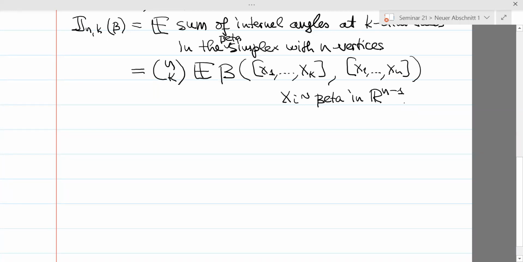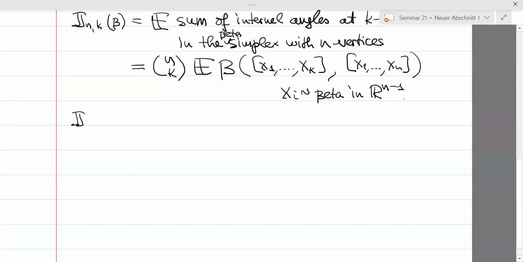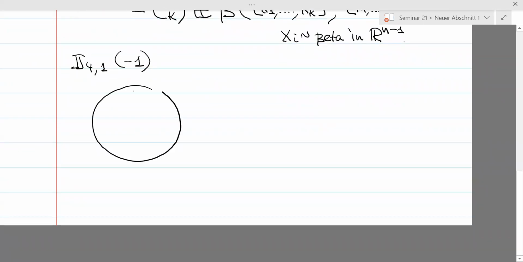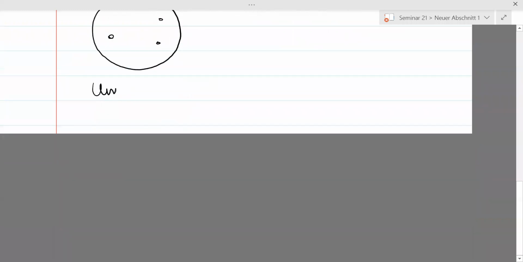So maybe the simplest case, J_{4,1}(-1). What is that? The 4 means that I take 4 points in the 3-dimensional space, and -1 means that these points are uniformly distributed on the sphere.